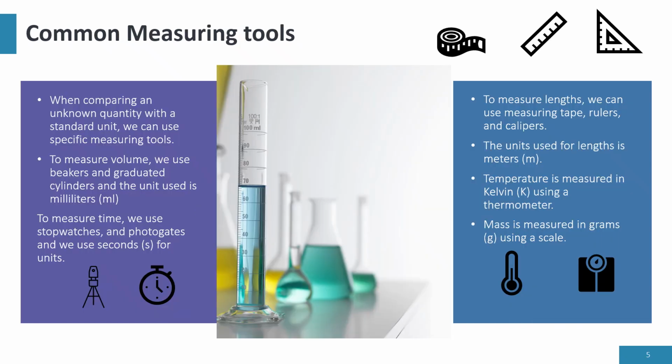So in science, as well as physics, we have to use specific tools in order to reach accurate and precise results. These tools are very well known within the scientific community. For example, in chemistry, we use a lot of test tubes, graduated cylinders, and beakers in order to measure volumes of substances.